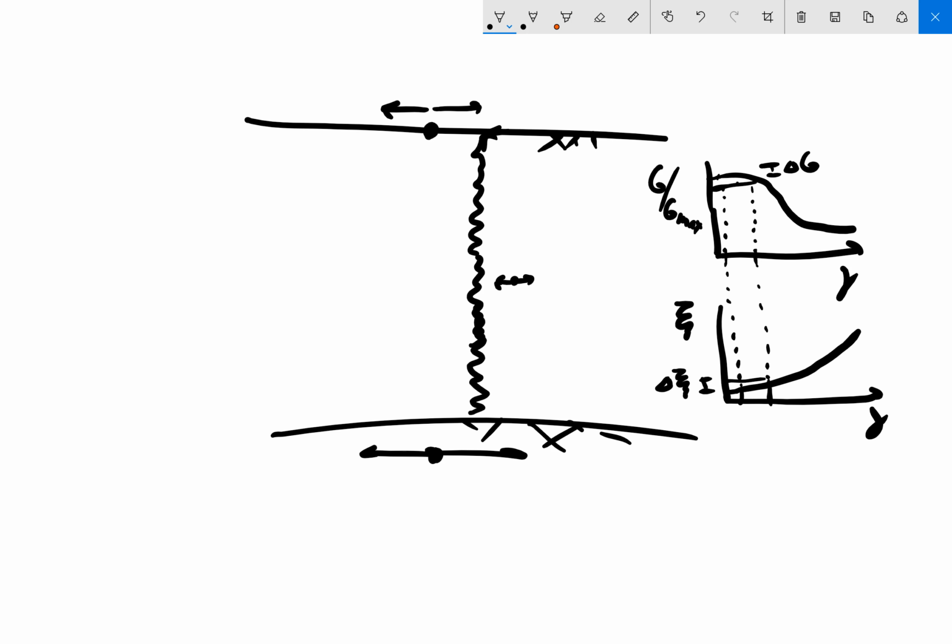And so equivalent linear is going to give me a great solution. I'm going to have a really good solution that I can rely upon.